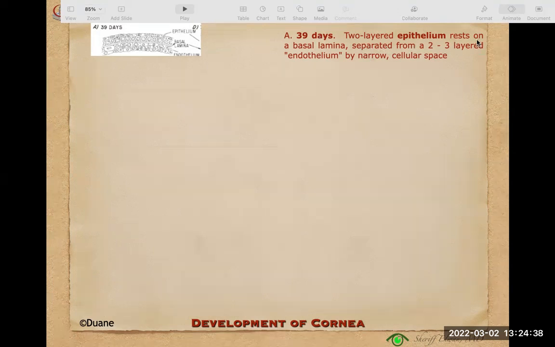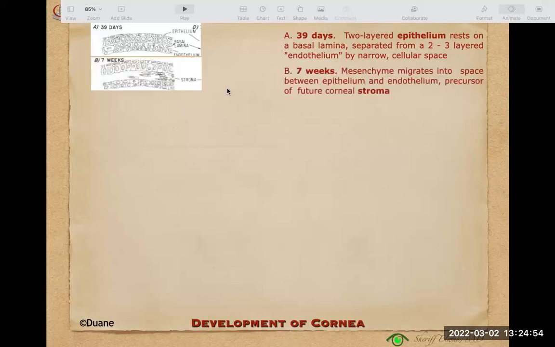It is a 2-layered epithelium resting on a basal lamina, separated from a 2 to 3-layered endothelium by a narrow cellular space. The endothelium is coming from the neural crest, and the epithelium is coming from the ectoderm. This is followed by the mesenchyme from the mesoderm at the 7th week, that is after 1 week almost, migrating into the space between the epithelium and the endothelium, which is the precursor of the corneal stroma.